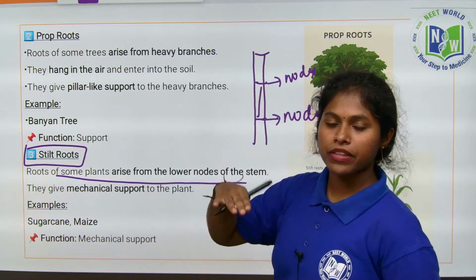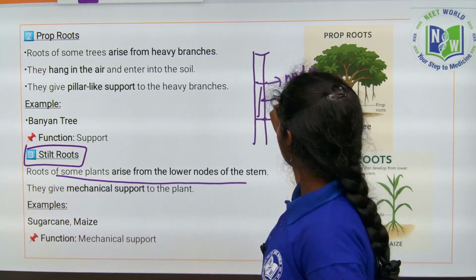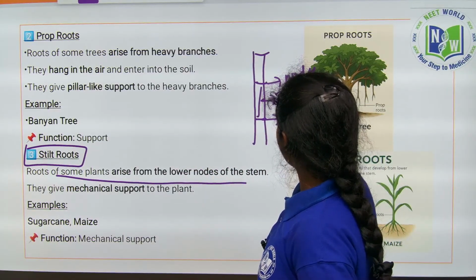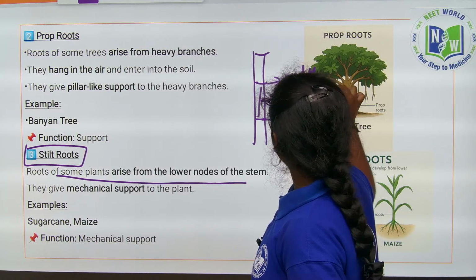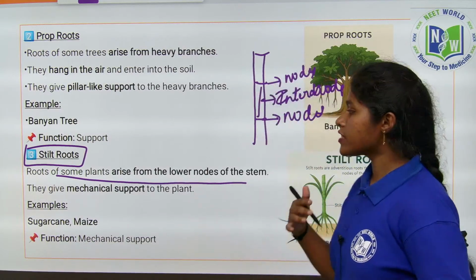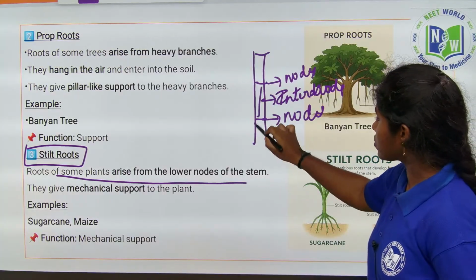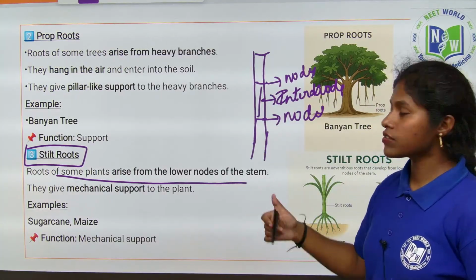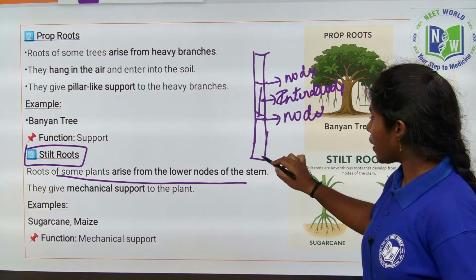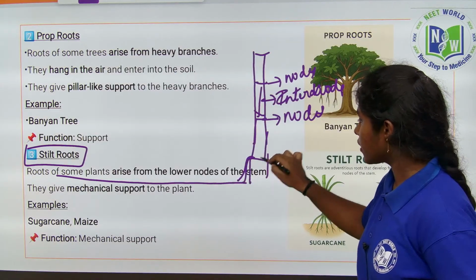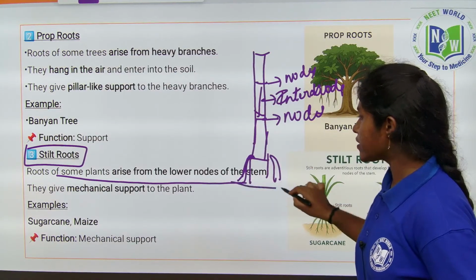The space from node to node is the internode. See, roots of some plants arise from the lower nodes. The roots are not arising from every node. From the lower part of the stem, the roots arise and fix into the soil.